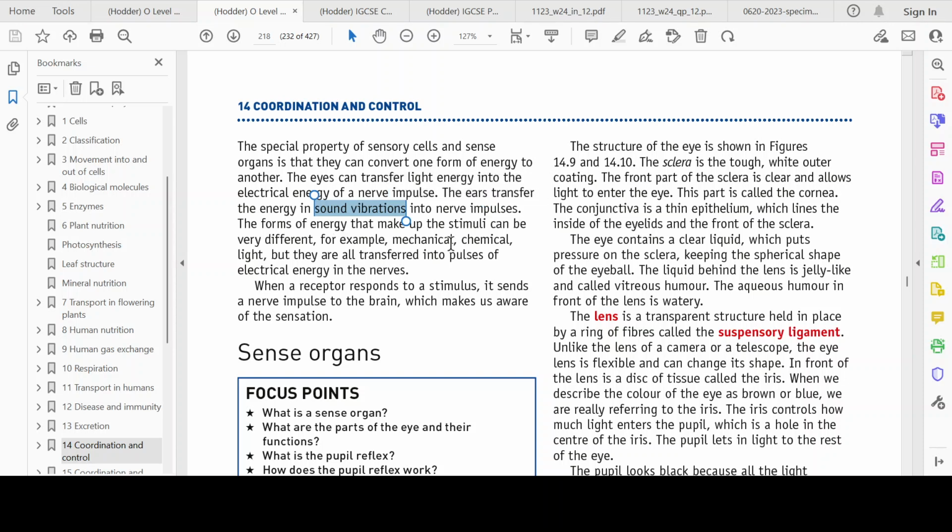And it could be chemical, it could be mechanical. So we detect someone holding our hand, so that is mechanical, right? Pressure sensors and everything. So our nervous system is able to convert energy being received from stimuli of many different types into electrical energy.